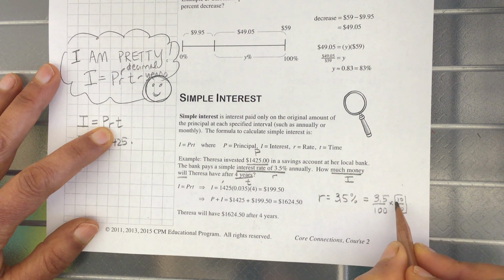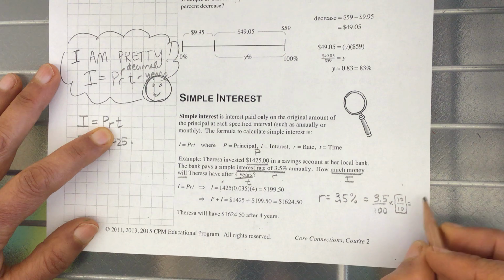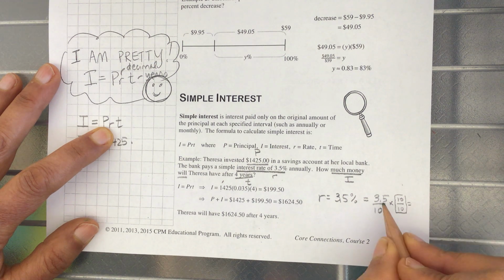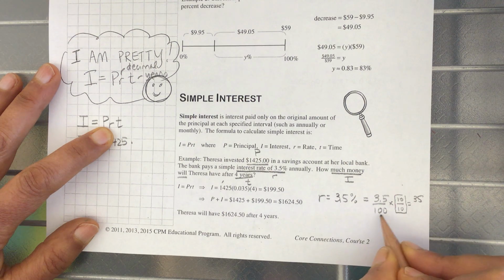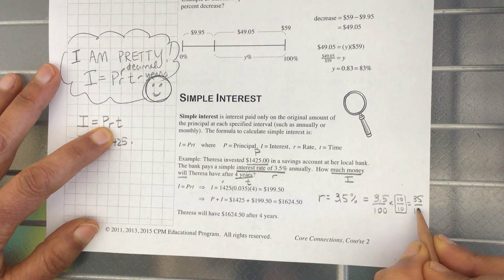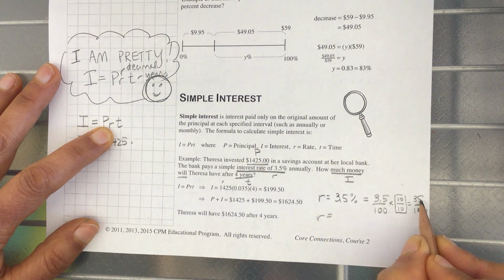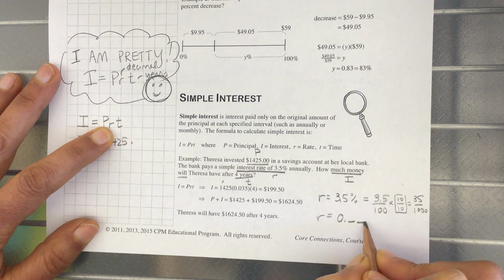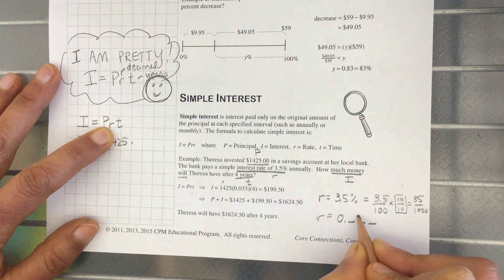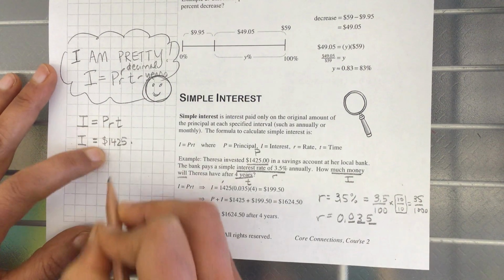Multiplying 0.5 by 10 will get that to a 5 instead of a 0.5. So 3.5 times 10 is 35. 100 times 10 is 1,000. Now I can write this as the rate is 35 thousandths. So I have tenths, hundredths, thousandths, 35 thousandths. That's my number.